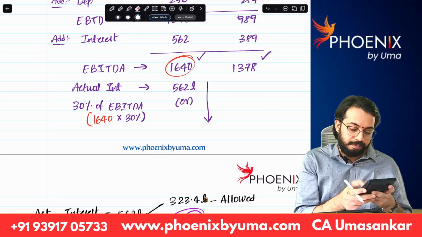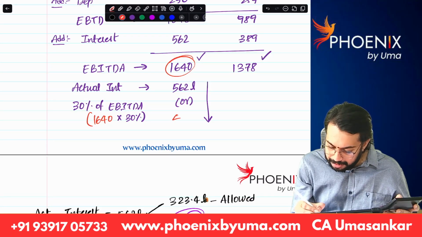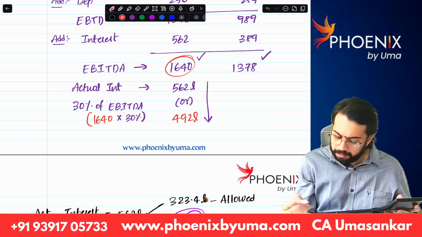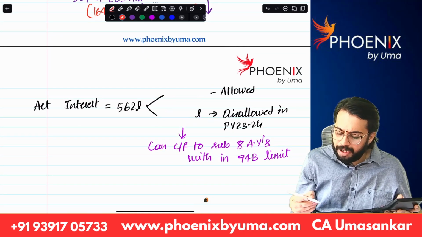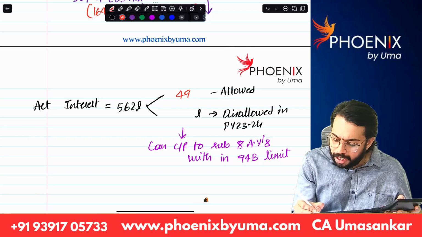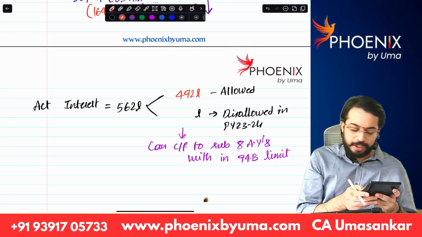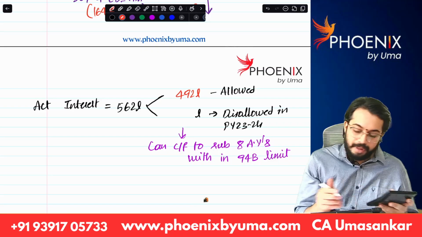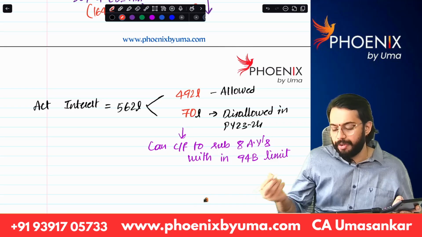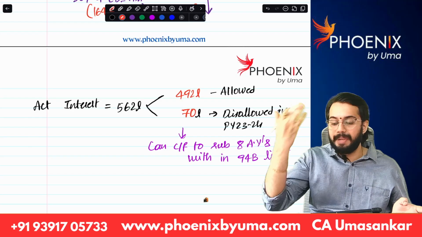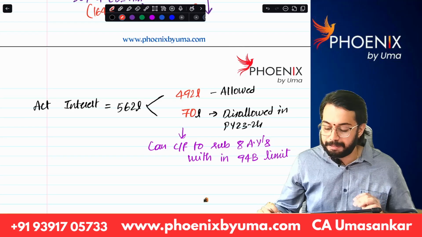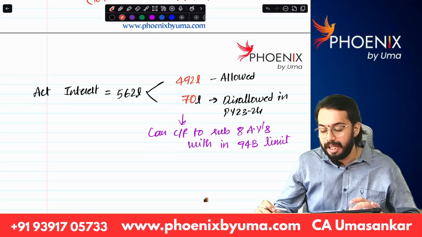How much? 492 lakhs. So, out of 562 lakhs, how much is allowed? 492 lakhs are allowed as deduction. How much is disallowed? 70 lakhs is disallowed. Are you able to understand? Whatever disallowed 70 lakhs is there, that can be carried forward to 8 assessment years within 94B limit.